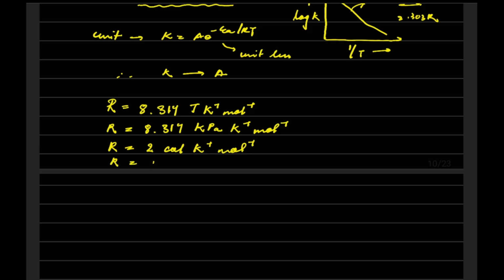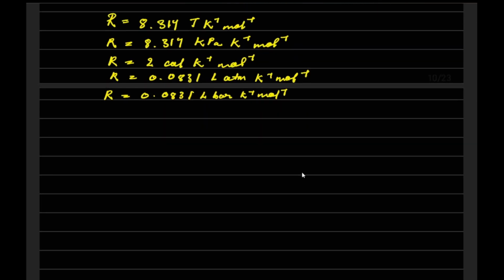Then R is equals to 0.0831 liter ATM Kelvin inverse and mole inverse. Similarly, R is equals to 0.0831 liter bar Kelvin inverse and mole inverse. So these are some values of R which are very important according to their units.